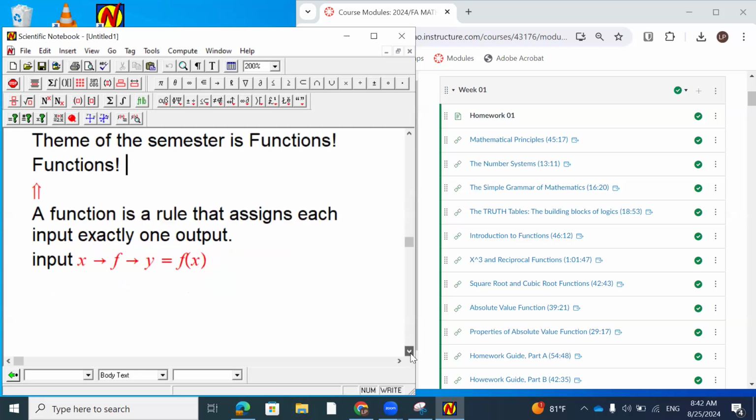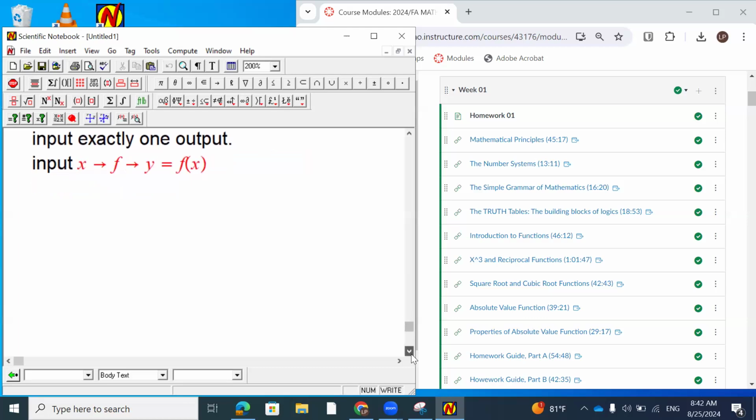The first group of functions we are going to study are these functions, which you're going to see on the right side.